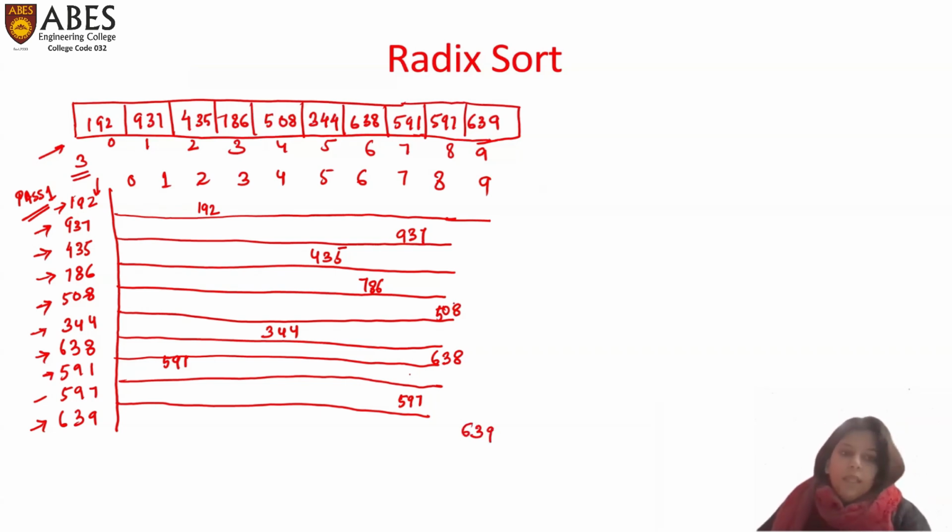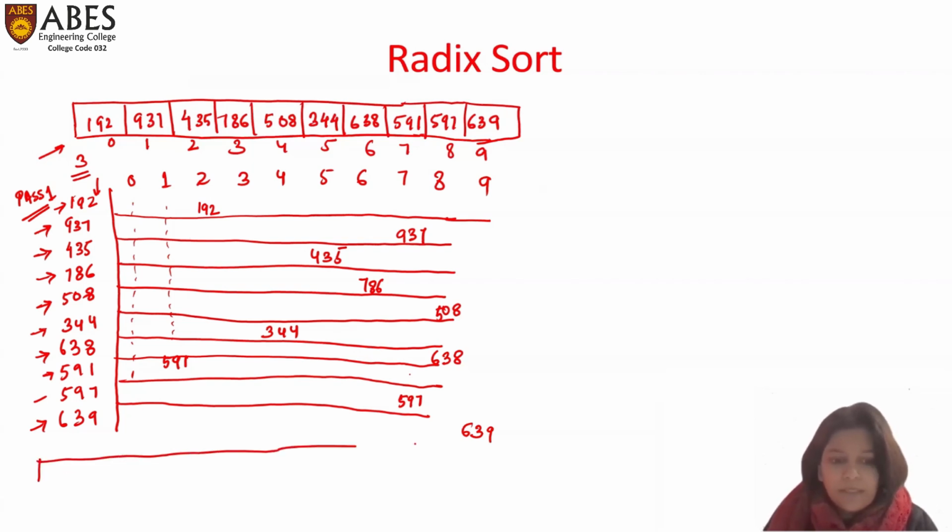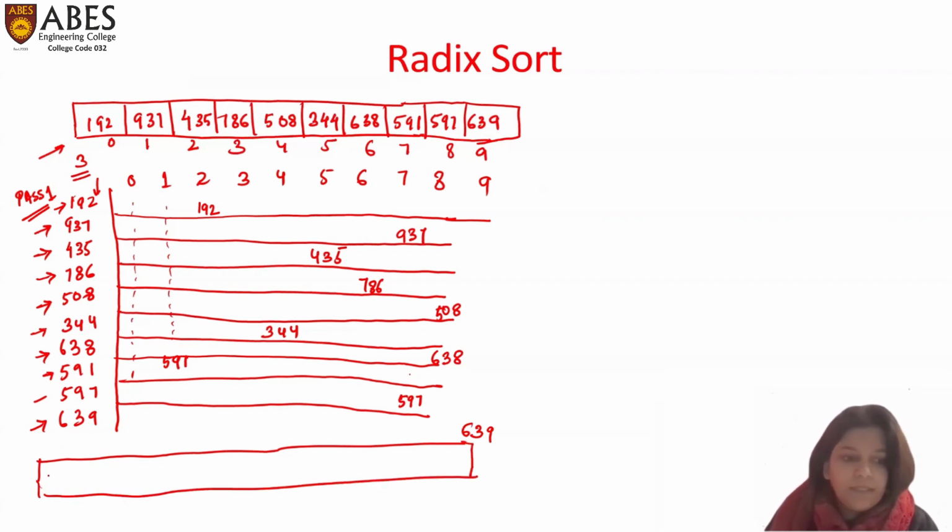And then after this pass, we will start picking up the values column wise, right? We will start picking up the values column wise like this. So there is no value in the column 0, then there is one value in the column 1. After this pass, the array will look like this.